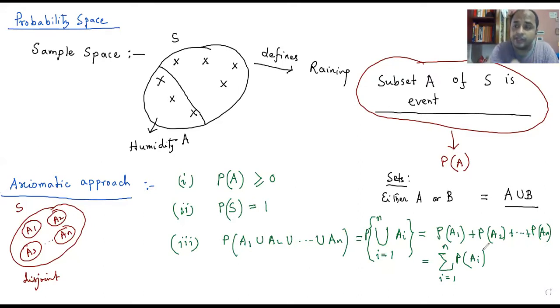If you forcefully remove any of these axioms from the picture, the entire probability theory will collapse. You cannot proceed to the next phase until you consider all of these axioms together.